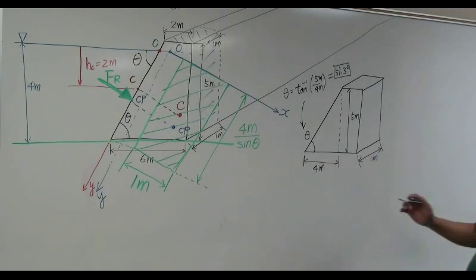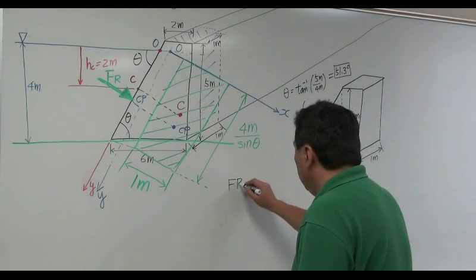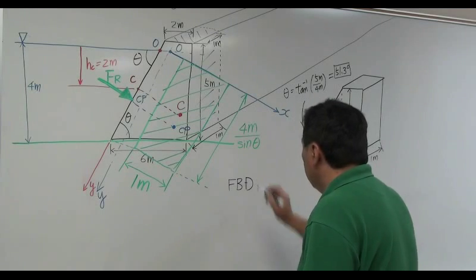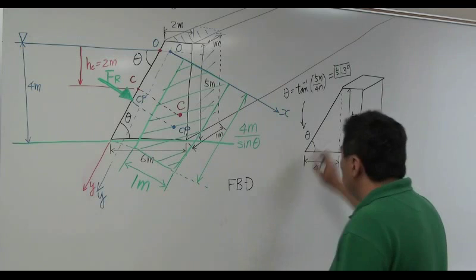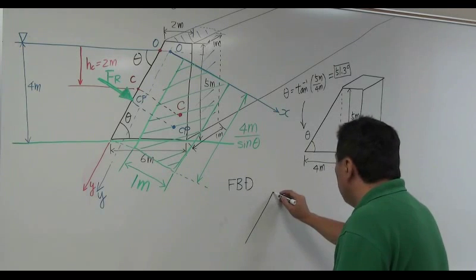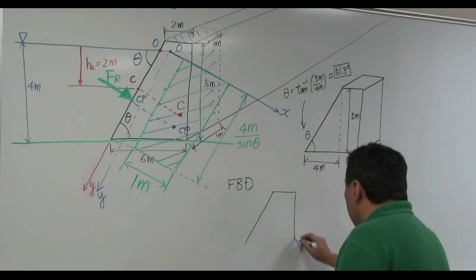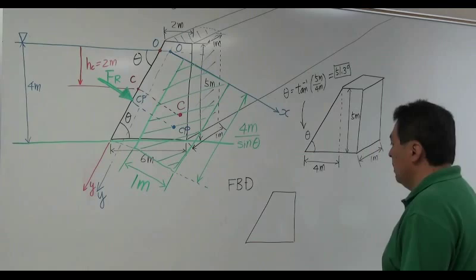So let me draw one more figure, which is the free body diagram. In this free body diagram, I'm going to show you only the cross section, which is the concrete block. It looks like this.